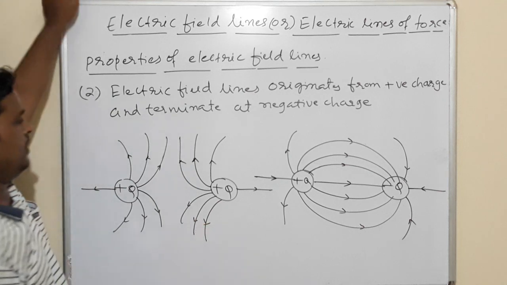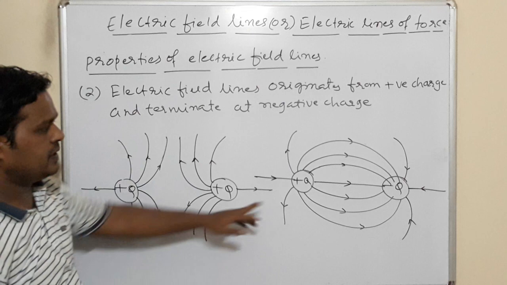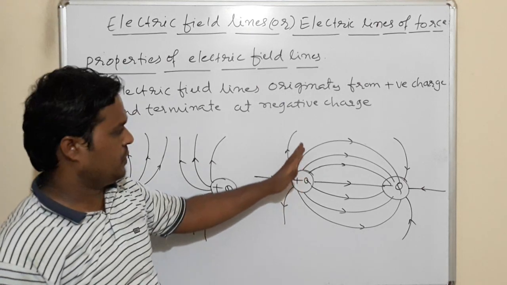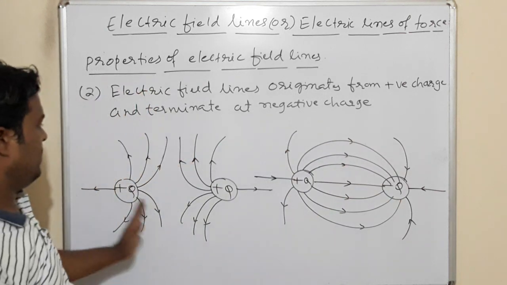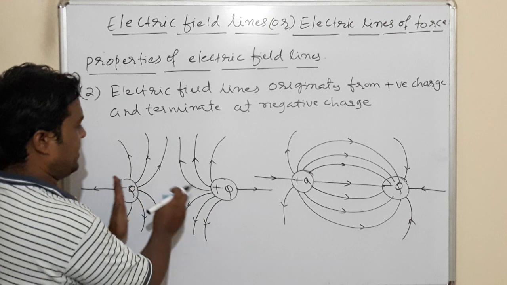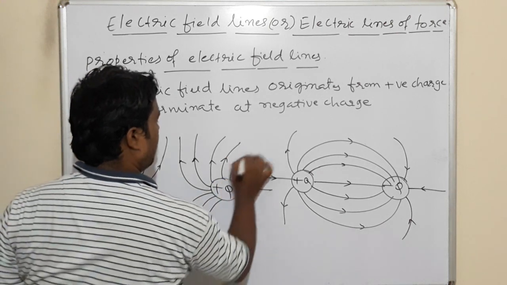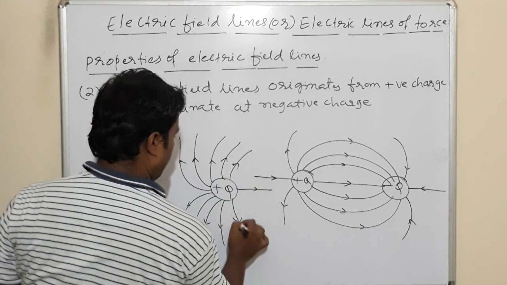This is for a system of two like charges. For a system of unlike charges, lines start from the positive charge and terminate at the negative charge. And here, because of repulsion, the lines will be represented like this. You can represent as many lines as you want, but they must be directed away from the positive charge.